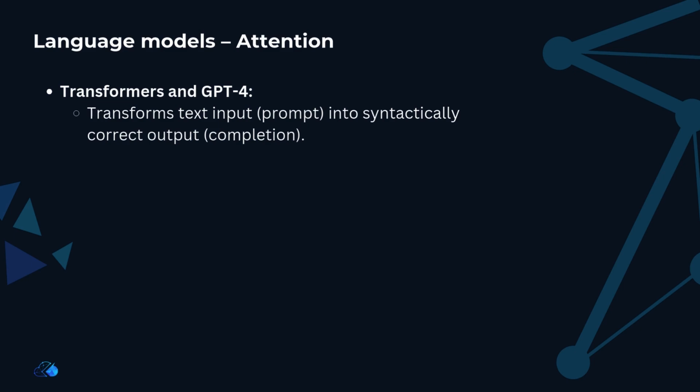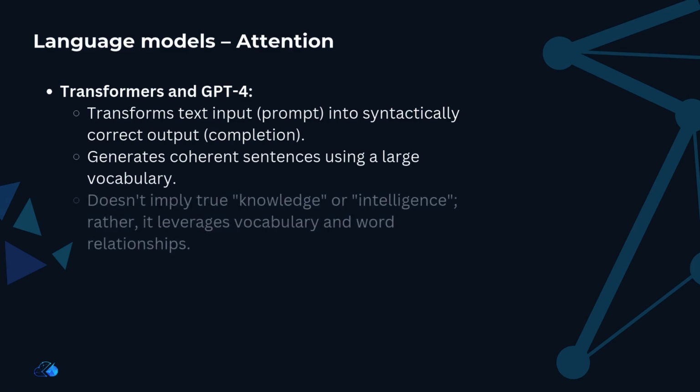In effect, the magic of the model is that it has the ability to string a coherent sentence together. This ability doesn't imply any knowledge or intelligence on the part of the model, just a large vocabulary and the ability to generate a meaningful sequence of words.